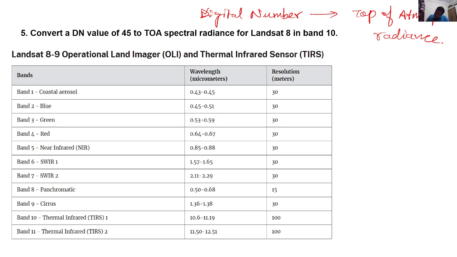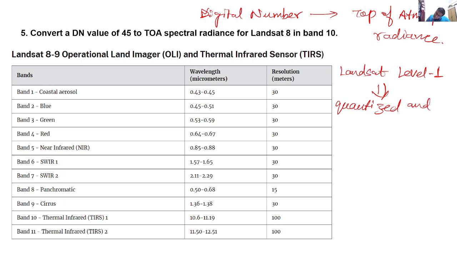Let me just write what these levels actually mean. Landsat level 1 is quantized, and quantized means DN values. For 8 bits there would be 2 to the power 8 quantizations, from 0 to 255. For 12 bits, there would be 2 to the power 12 quantizations, from 0 to 2 to the power 12 minus 1, and so on and so forth.